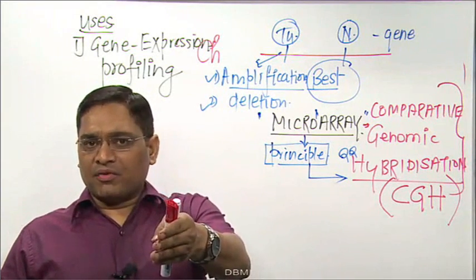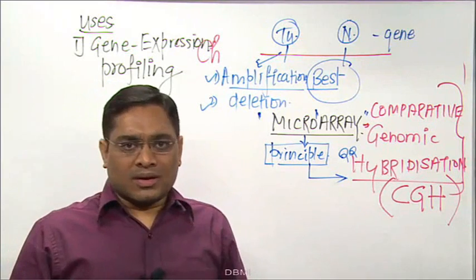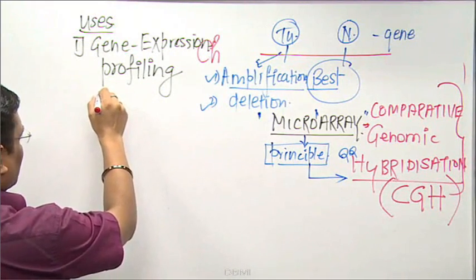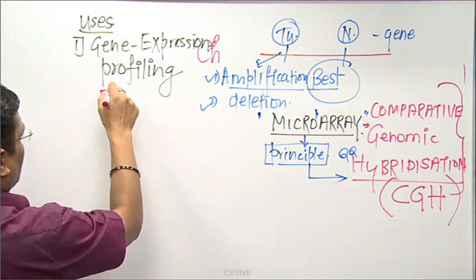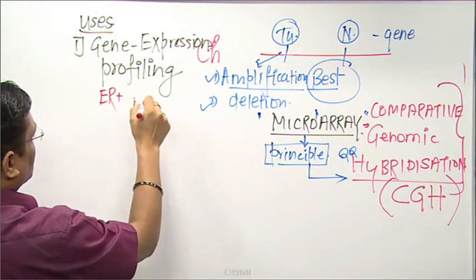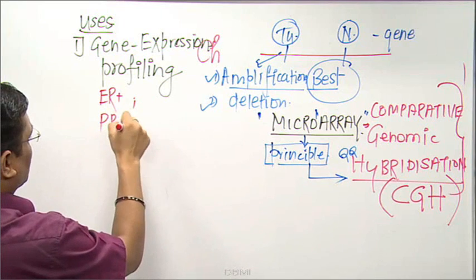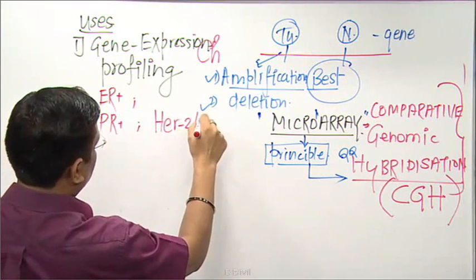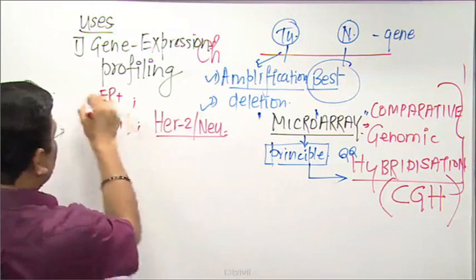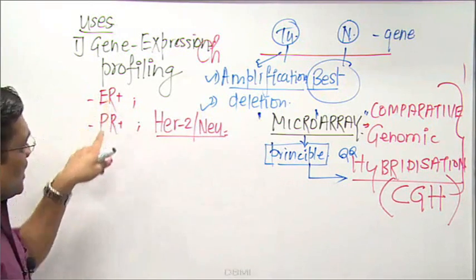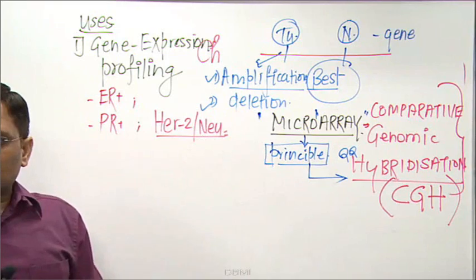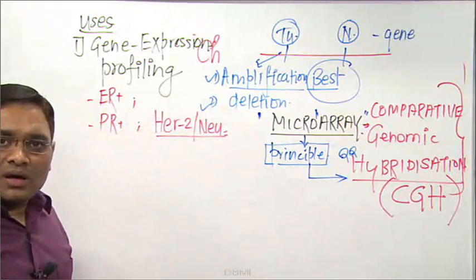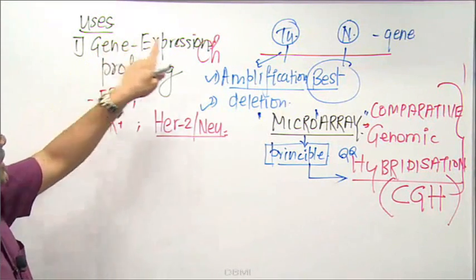For example, if you take the example of breast cancer, we classify cancers like this: some cancers are estrogen receptor positive, some are progesterone receptor positive, some are HER2/neu positive. So all these are important genes, ER, PR, HER2/neu. What is this? Gene expression. So we are separating all these genes. This is called gene expression profiling.